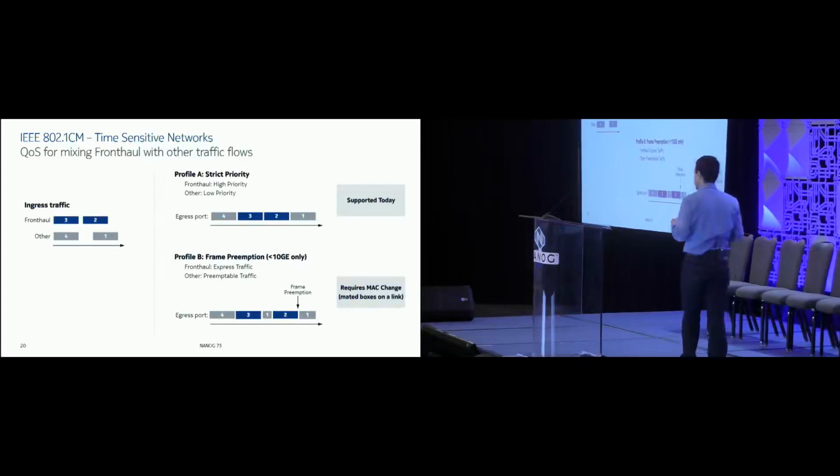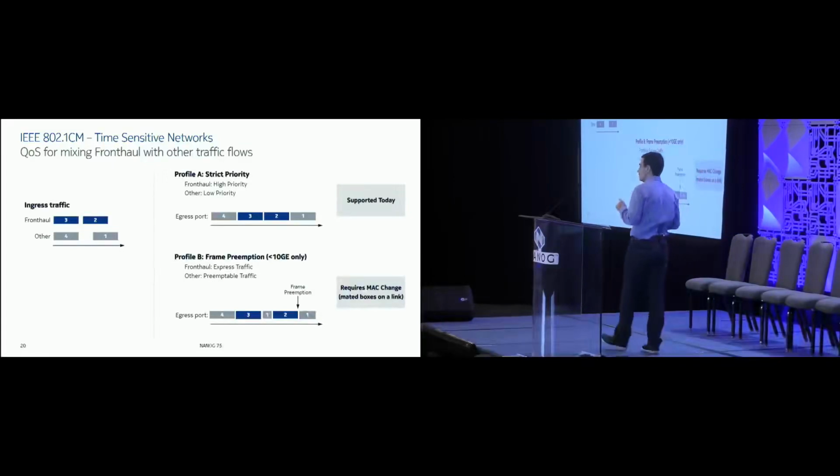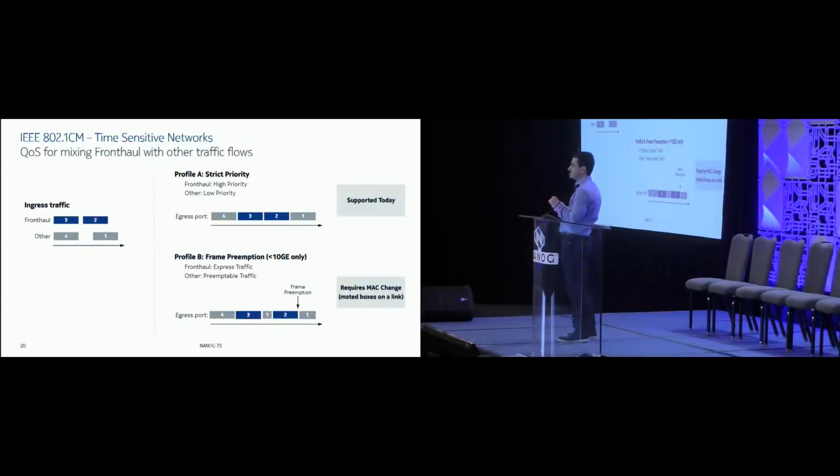But 802.1CM introduces something interesting, which is actually valid for links that are 10 gig or lower. It introduces the concept of frame preemption, which is something we have never done in Ethernet. It's a new concept where the idea is to minimize jitter as much as possible.